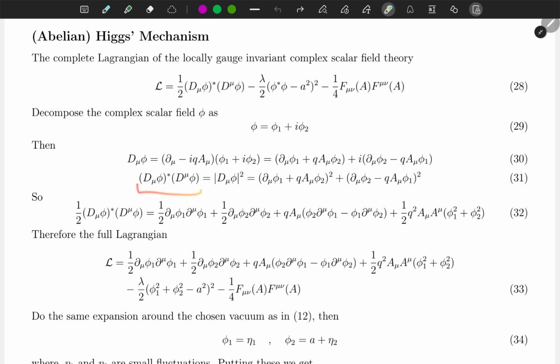Then you just take D mu phi star D mu phi, and basically you will get this. Here the square is just shorthand for this one times the upper indices. Similarly for these terms.